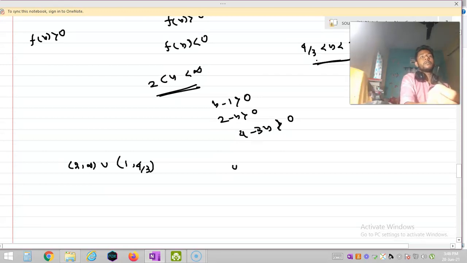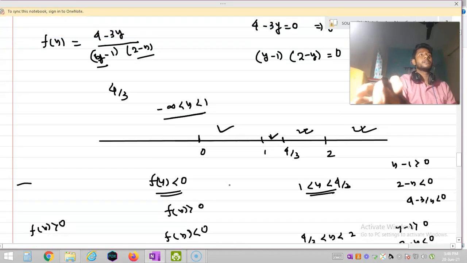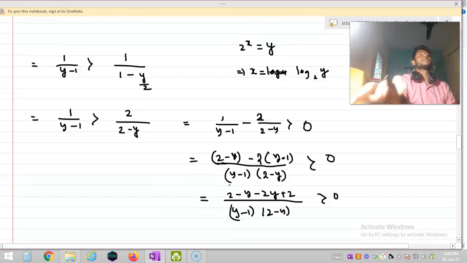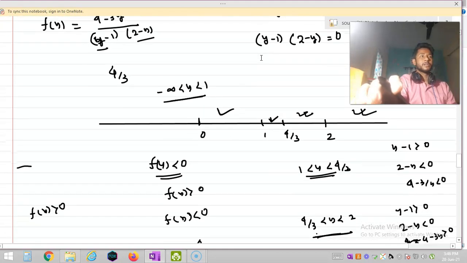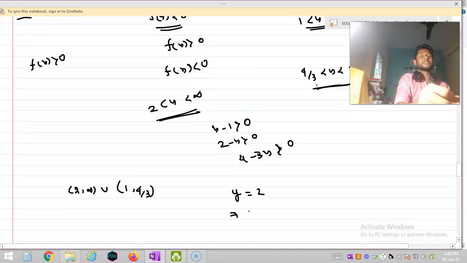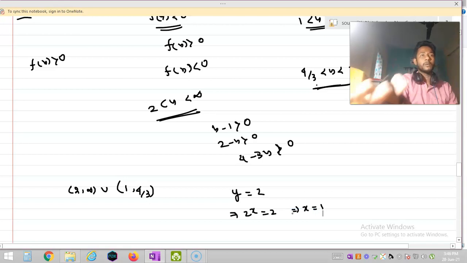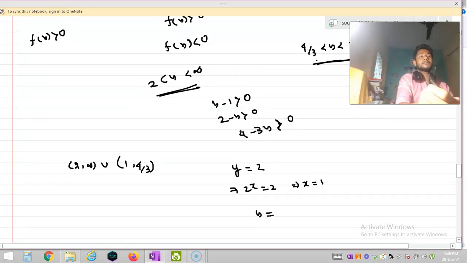Now I choose 2 to the power x is equal to y. If y is equal to 2, then 2 to the power x is equal to 2, so the value of x is equal to 1. If y is equal to infinity, then x is equal to infinity.